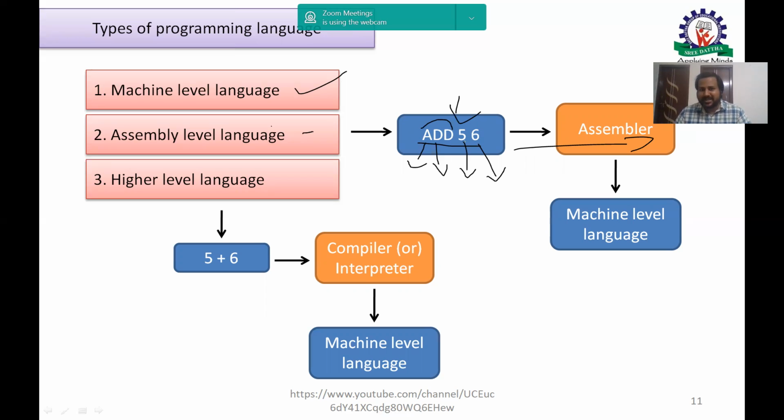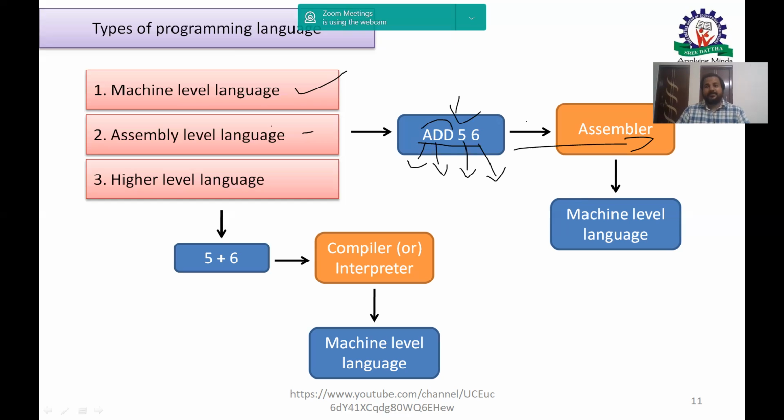That means it can decode the A into binary, D into binary, and 5 into binary, 6 into binary. So it has a set of syntaxes and semantics. It will check your instruction and convert it into the machine level language. This is what the assembler will do.